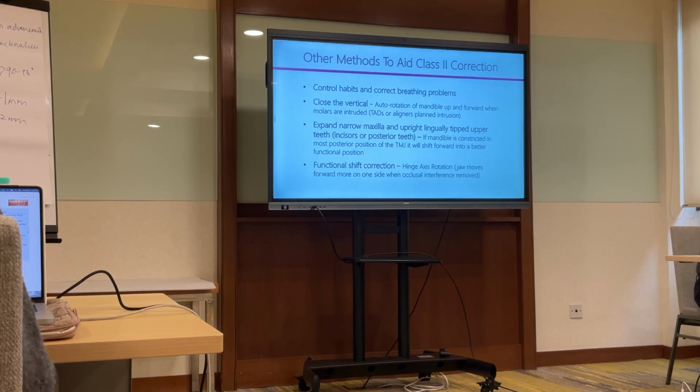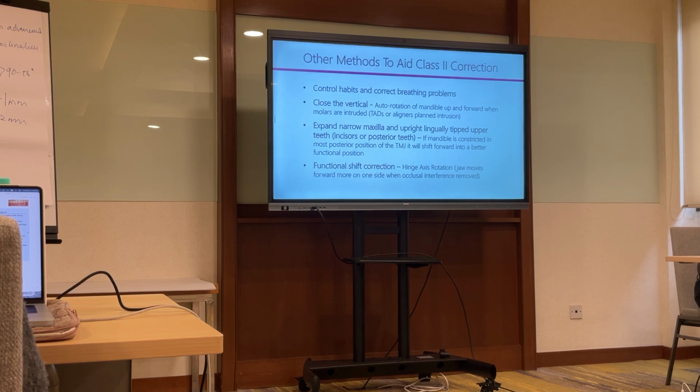Having said that, what are the methods by which you can expect the occlusal plane to rotate clockwise? When you use class 2 elastics. When you use class 2 elastics, the lower molar feels two forces. One is a mesial force, that's to correct the class 2.